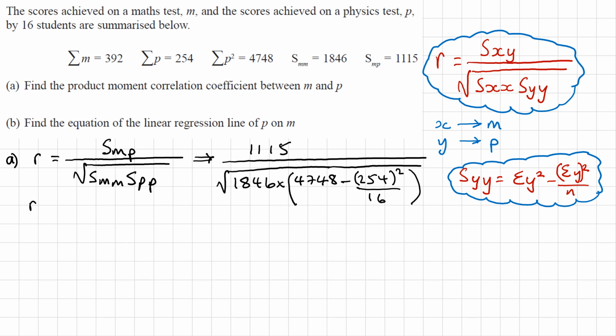So doing it on my calculator, I get R is equal to 0.9700147, and so on. So we'd give that to three significant figures. So R is 0.970, so 3SF.